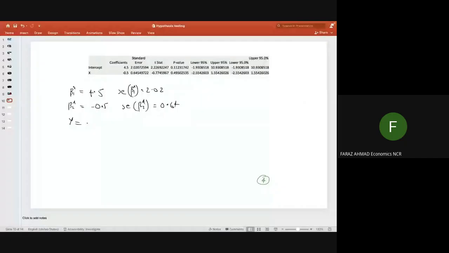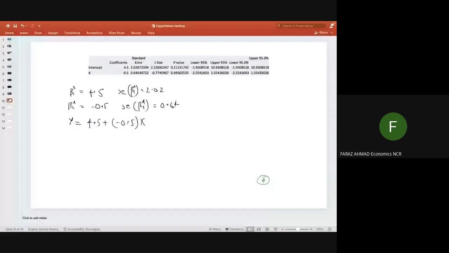For example, if I talk about this minus 0.5, it means in this regression, what does this minus 0.5 mean? The beta 2 hat.